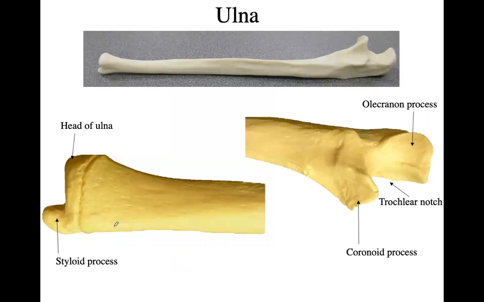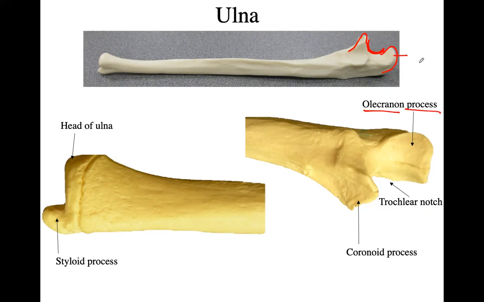Now, if you're looking at your ulna, here is the end of your ulna. You have one little bump here, one more pronounced one right here, and then an indentation or a notch right at the center. So let's orient this. This big process right here is called the olecranon process.